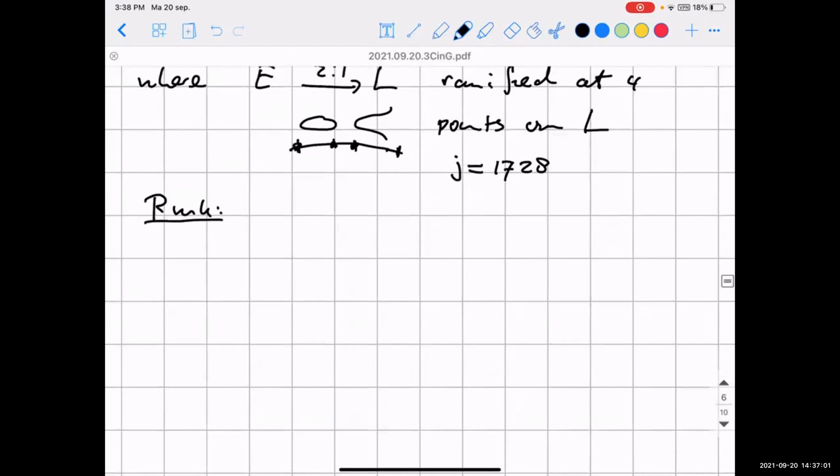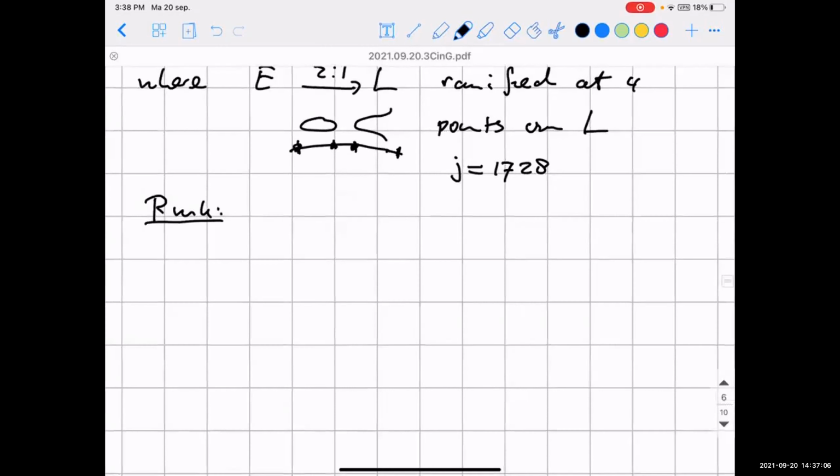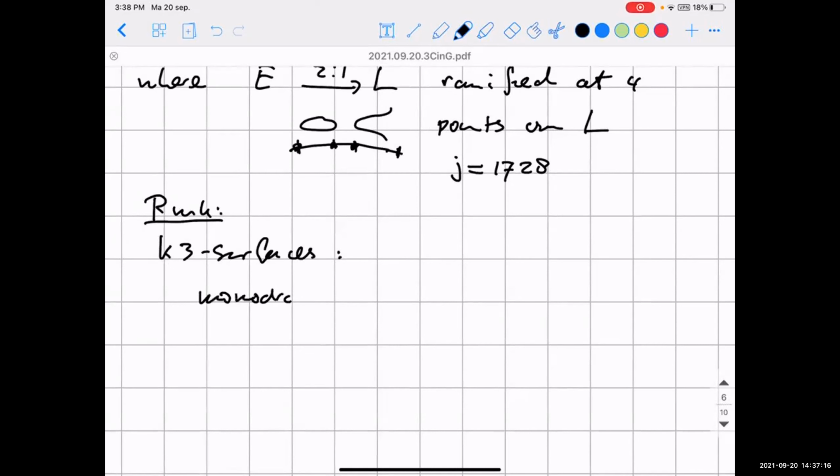So a remark: for K3 surfaces, there is nothing similar, because if you have a K3 degeneration and monodromy of finite order, this is called type 1.